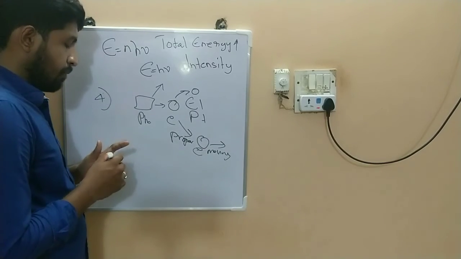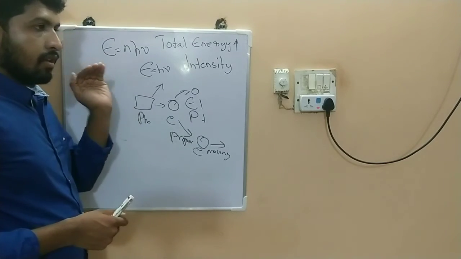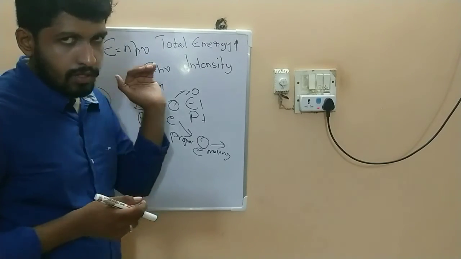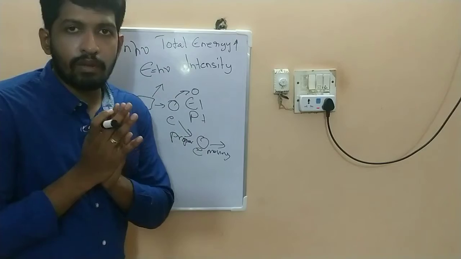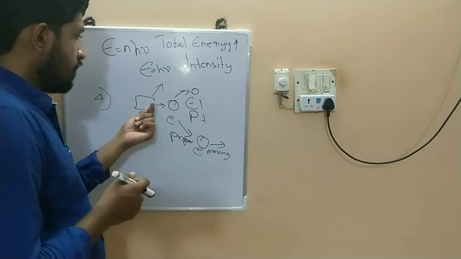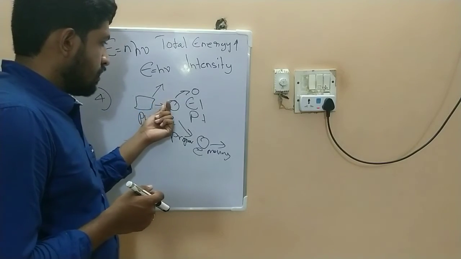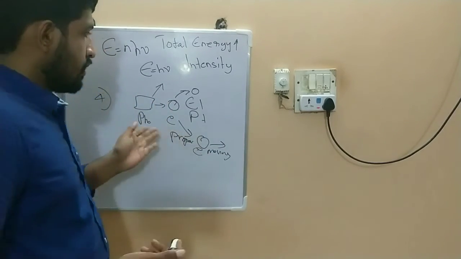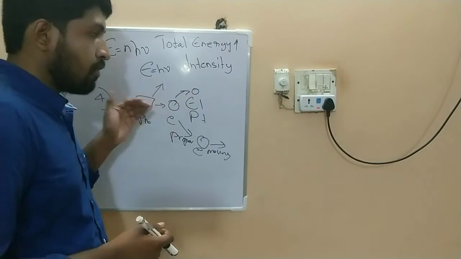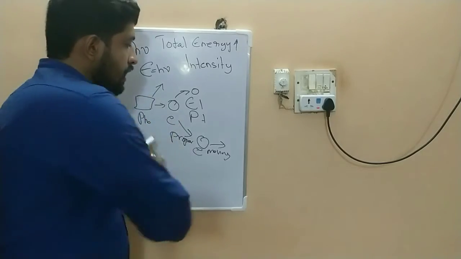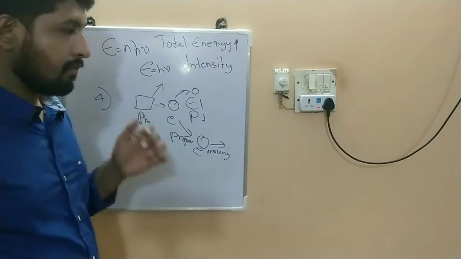Suppose I have an orange light with me, and I bombard an electron with a photon of the orange light. If the collision is proper, the electron absorbs the whole energy of the photon, and the electron moves with a high velocity.